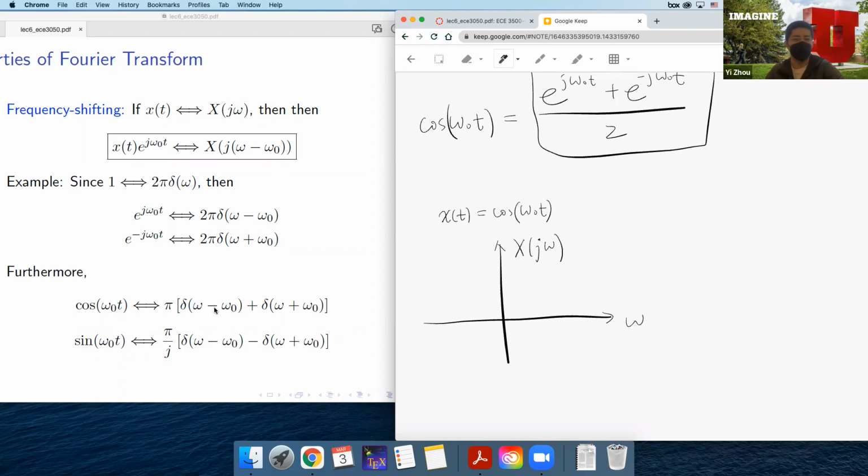One is located at omega naught, and it's positive because the coefficient is pi. It's a positive impulse, so it's right here, pi, and this is omega naught. And the other one is located here, negative omega naught. Okay, so this is the spectrum of cosine.